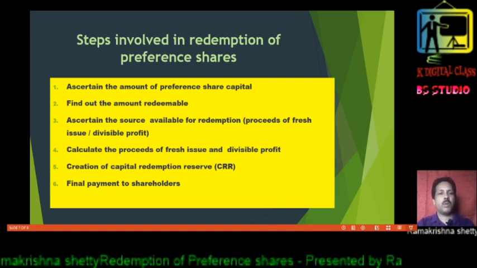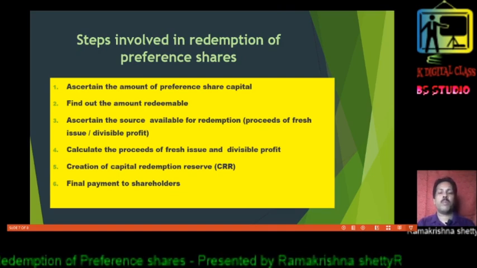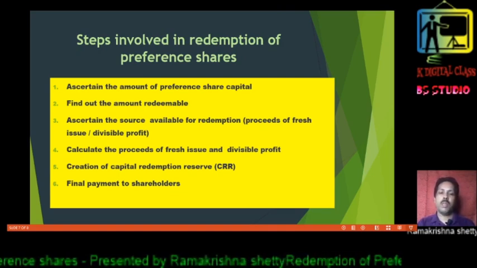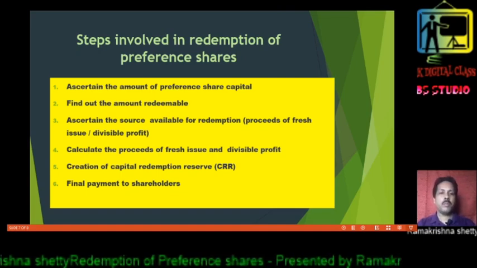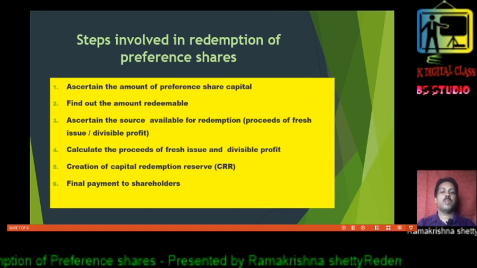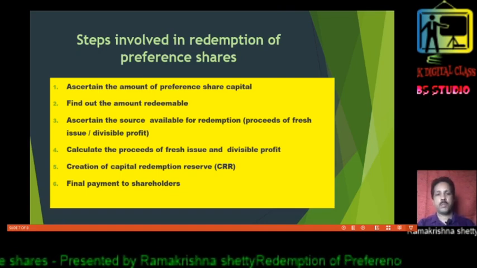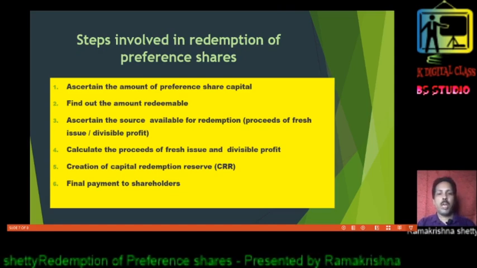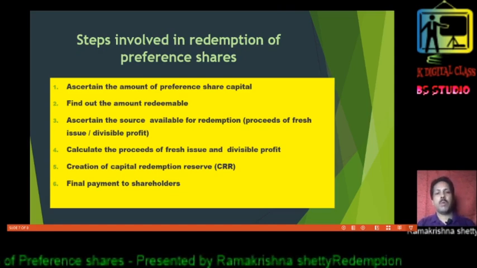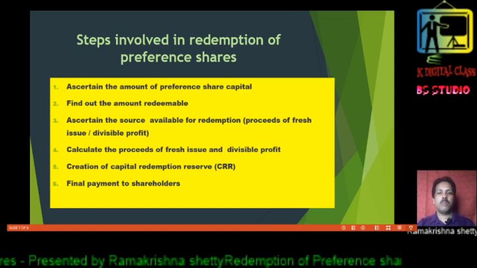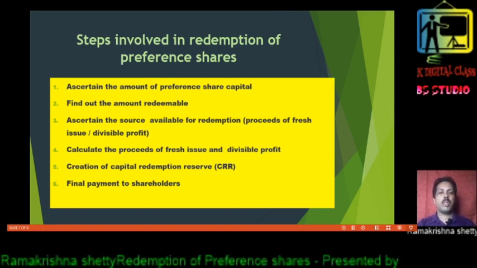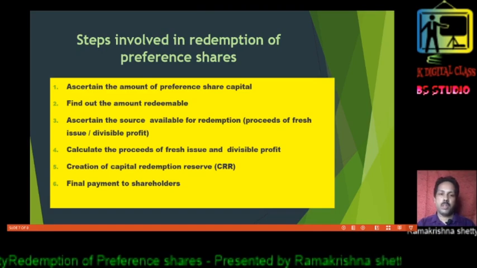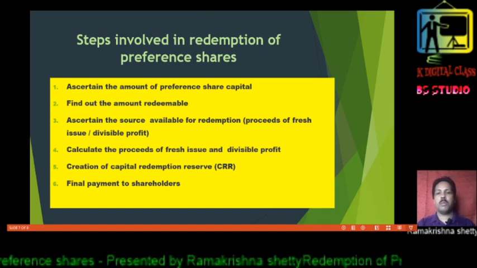Number one, we have to ascertain the amount of preference share capital. The existing preference share capital should not be confused with the fresh issue of shares. Second point, find out the amount redeemable. The total amount redeemable, including premium on redemption, is to be calculated. Third point, ascertain the source available for redemption.